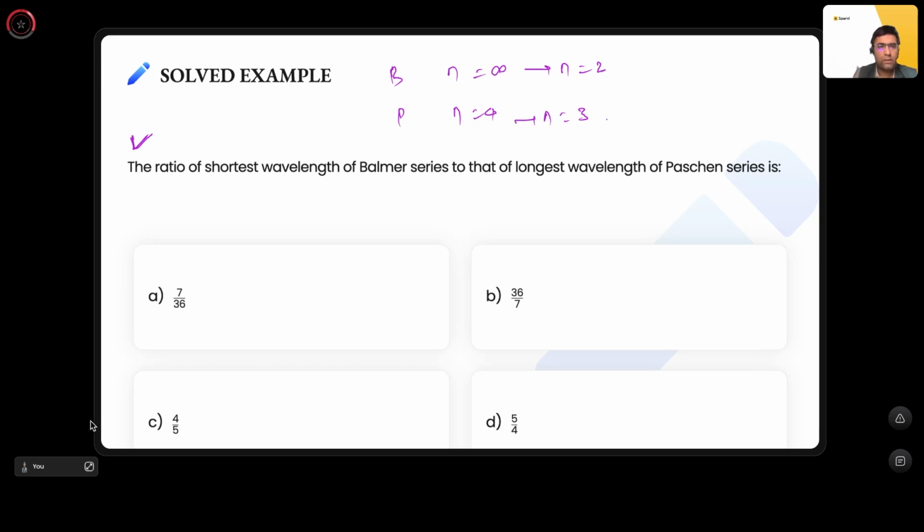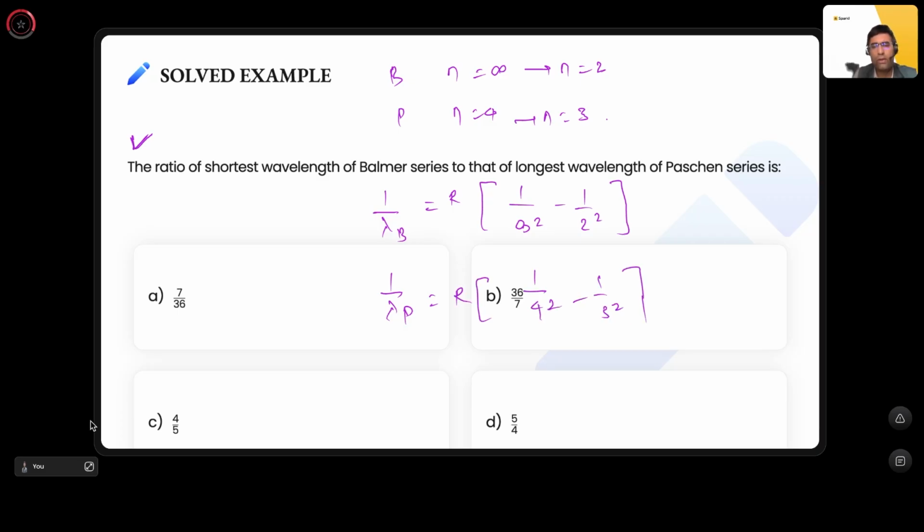So let's do it. 1 upon lambda Balmer is equal to R into, we can use that formula, 1 upon infinity square minus 1 upon 2 square. Now again, 1 upon lambda Paschen will become R into 1 upon 4 square minus 1 upon 3 square. I could have written it as 1 upon 2 minus infinity or whatever.